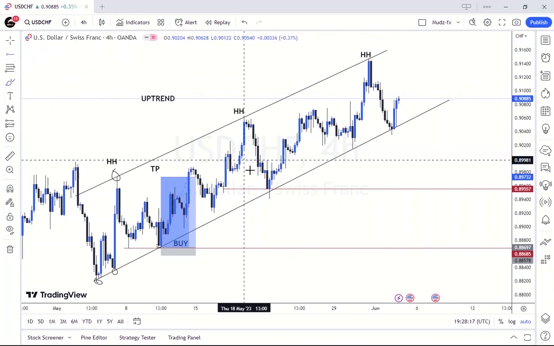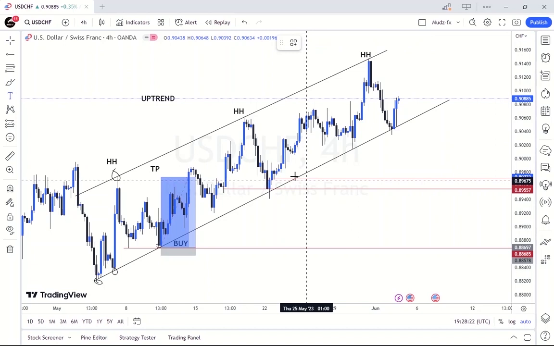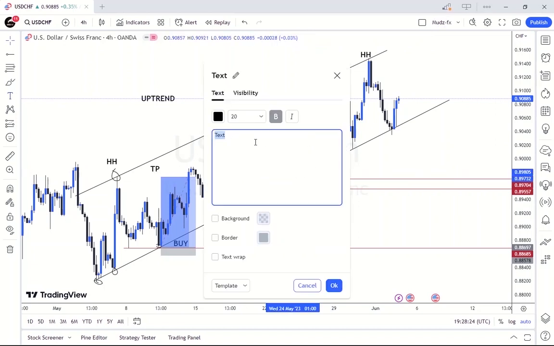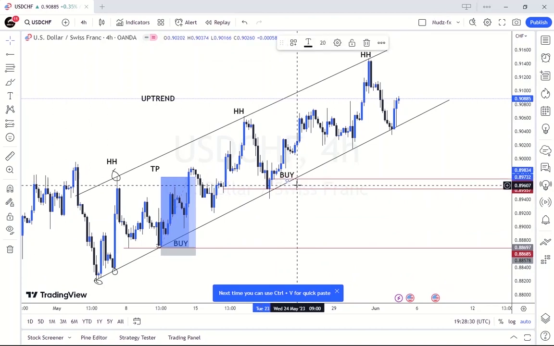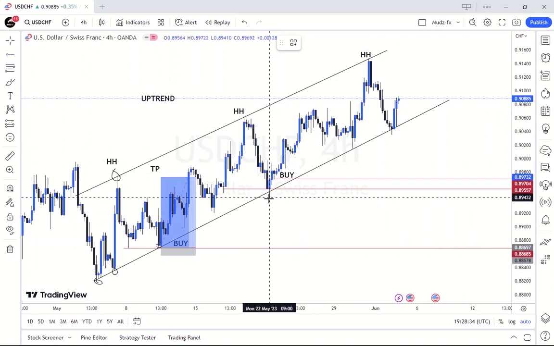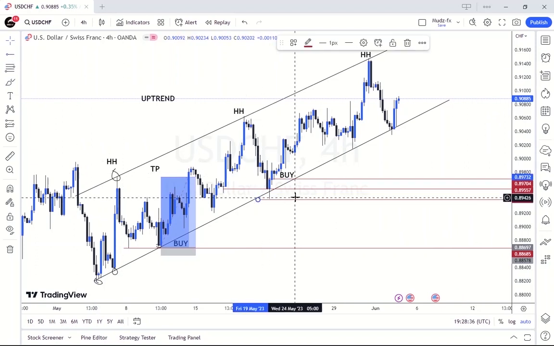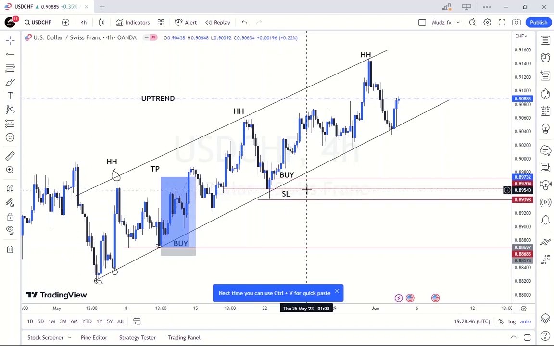Then after it closes, this right here is going to be your entry point. This is where you're going to need to buy. And below this wick is where your stop loss is going to be.